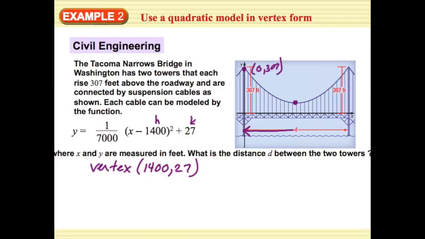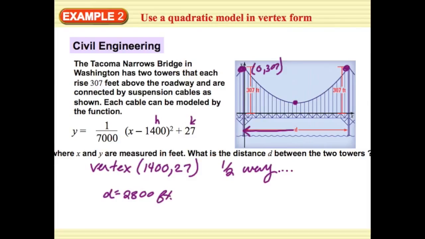That's halfway. So to get the full distance from one point, 307 feet off the ground, to the second point, 307 feet off the ground, I need to go double the way, so I need to go a distance of 2,800 feet.